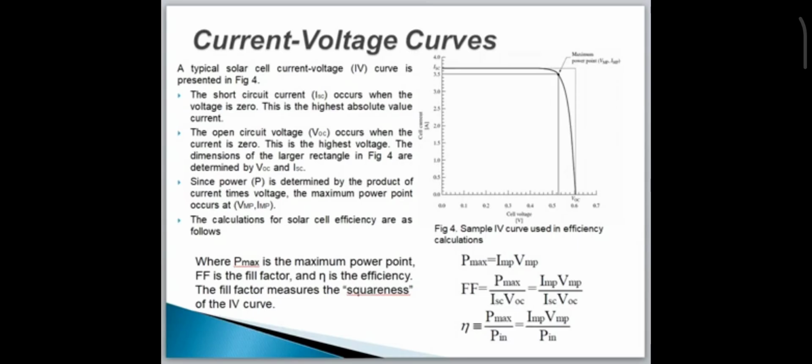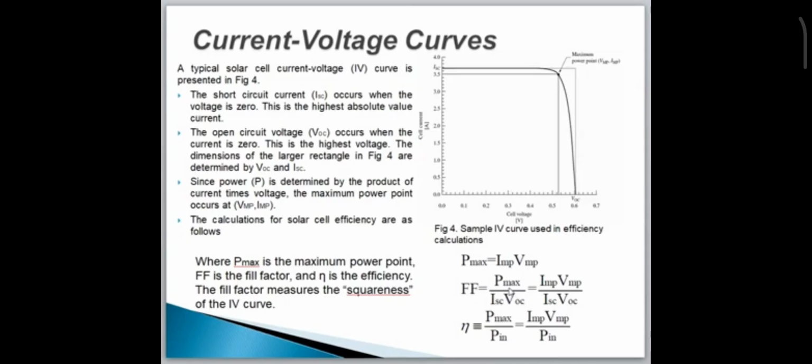In the single junction slide, to find the value of the efficiency, you must know the maximum power point, VMP and IMP. You can find the maximum power, P maximum, in which FF is the fill factor. It is defined as the ratio of the maximum power point to the short circuit current times the open circuit voltage, ISC and VOC.